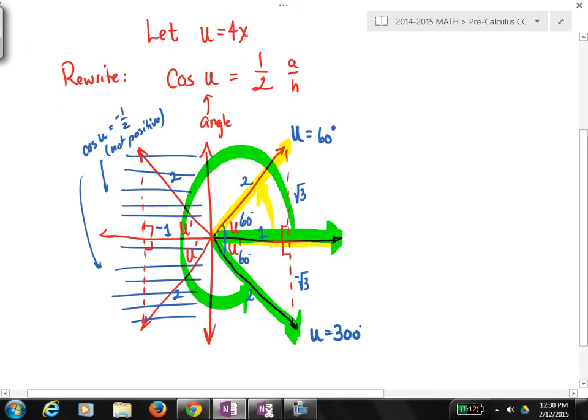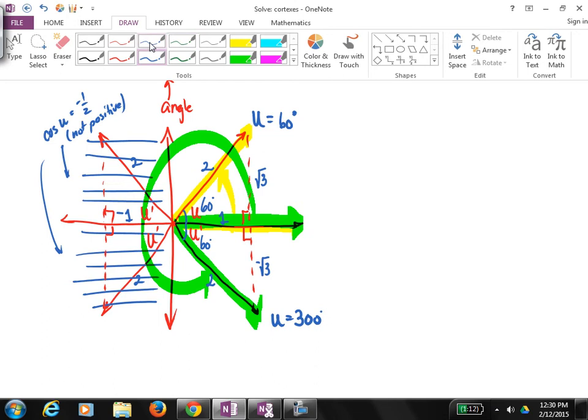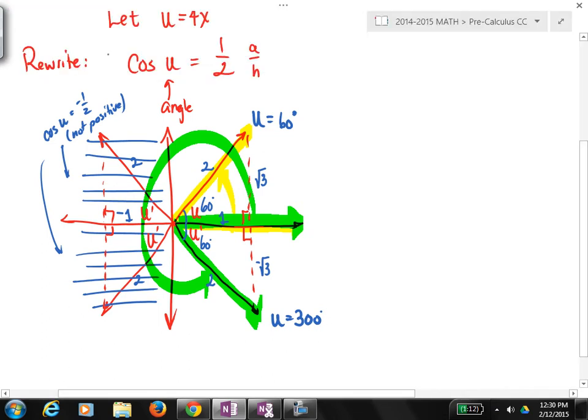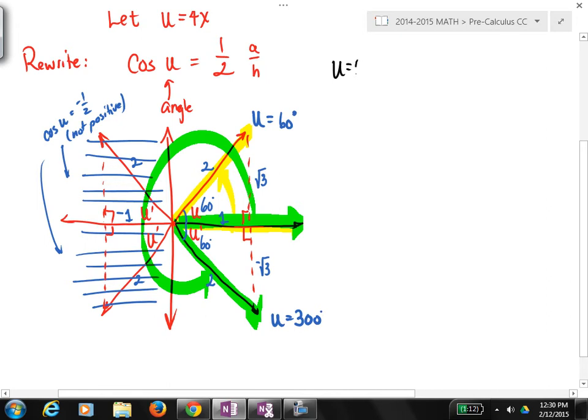Alright, so now let's go ahead and write our answers. By the way, am I solving for u or am I solving for x? X. So right now I am at the stage where u is equal to 60 degrees plus 360n.